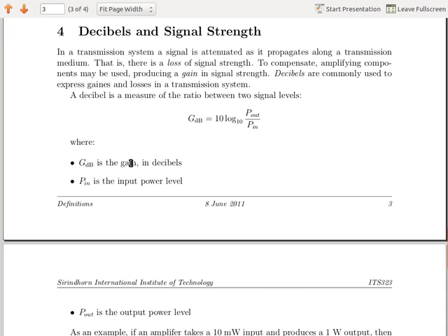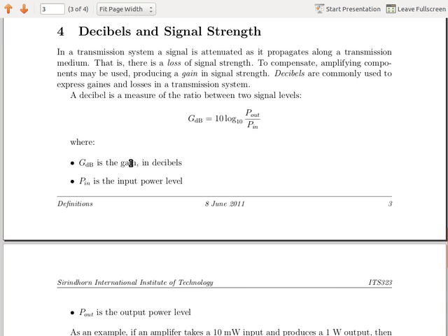The logarithm of 100 is 2, times 10, is 20 dB. So the absolute value and the value in decibels are the same, just using different units. Using decibels is very common in communication systems. So that's how to calculate the gain in decibels.